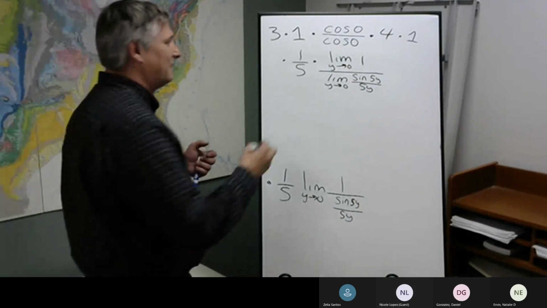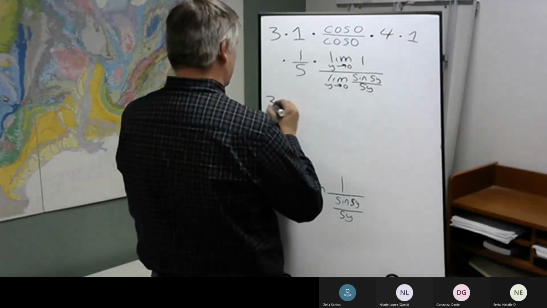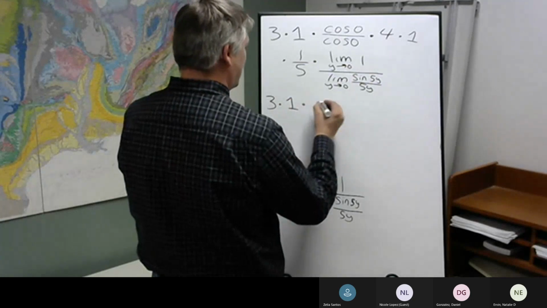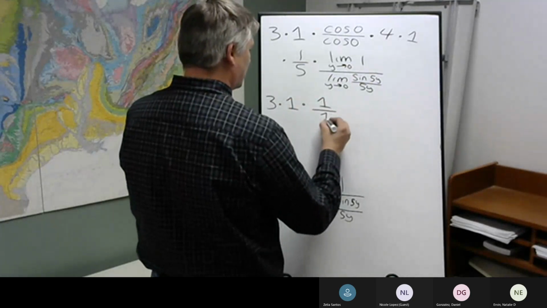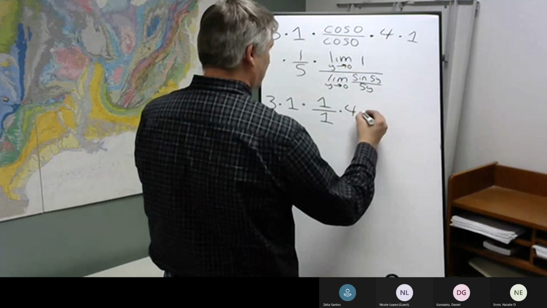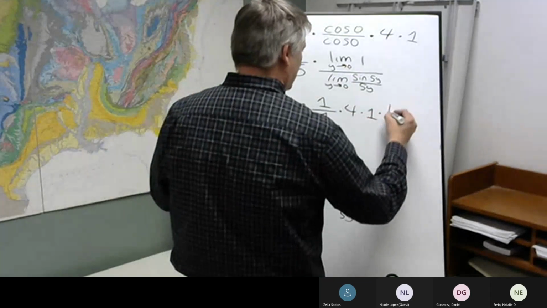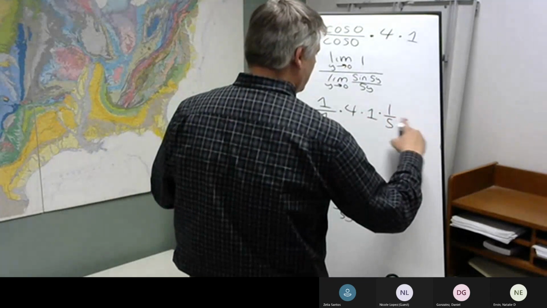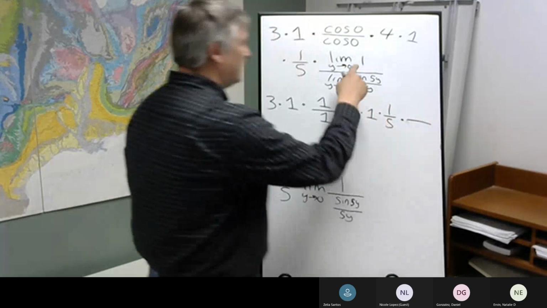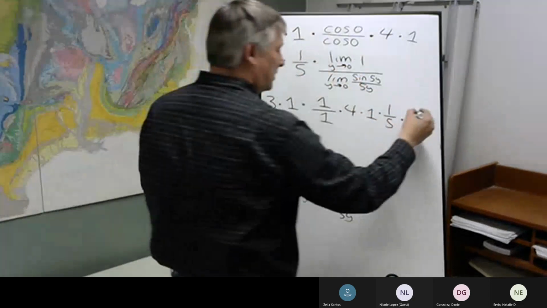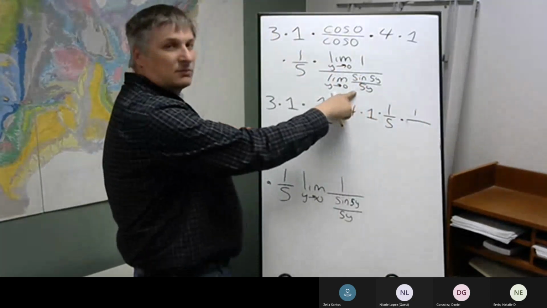So what we're going to get, 3 times 1 times 1 over 1 times 4 times 1 times 1/5 times, well, it's a constant, so that's just 1. And this is going to be 1.